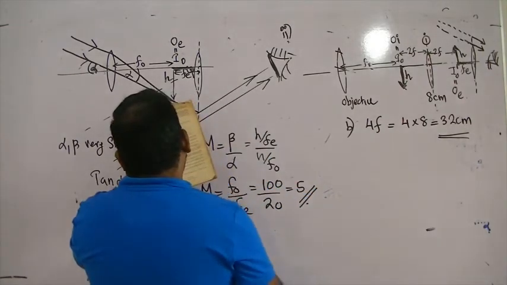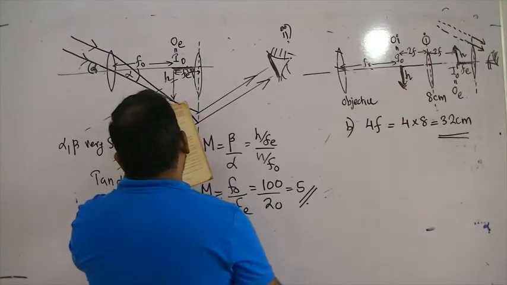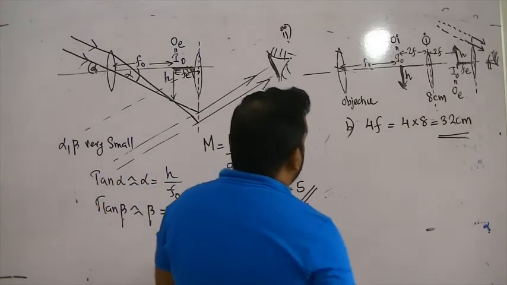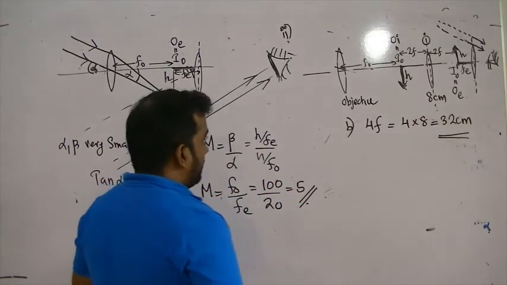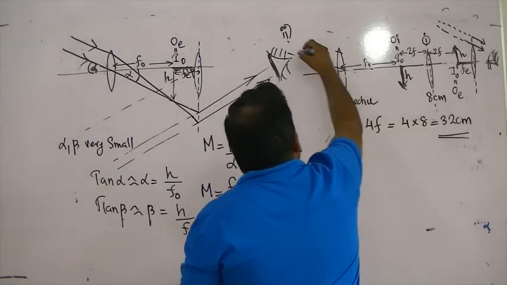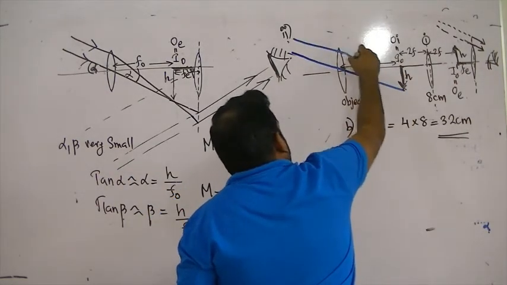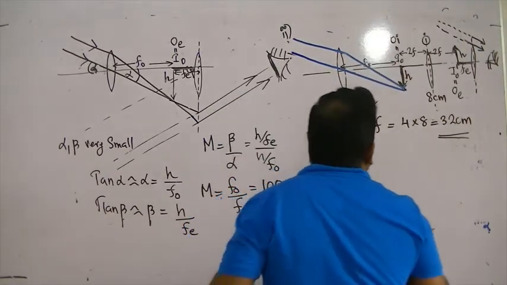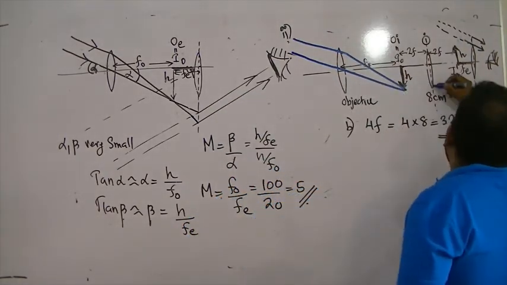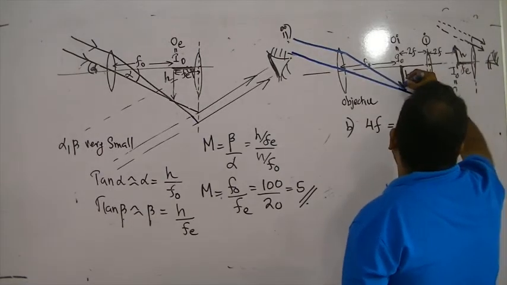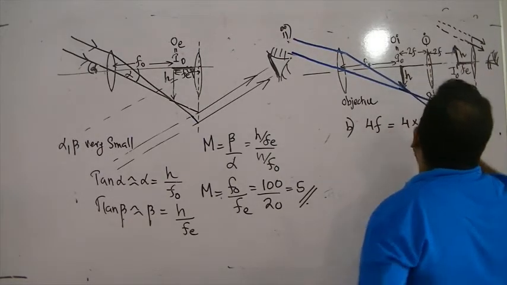Part C. Trace the path of two rays coming from the top of a distant building through the terrestrial telescope to the eye. Trace. Dangerous, but trace, can't help. Light rays coming here will converge there. This light ray keeps going here.